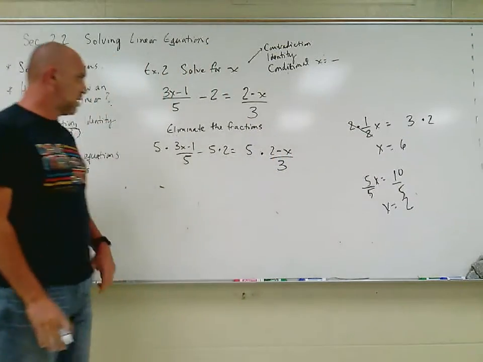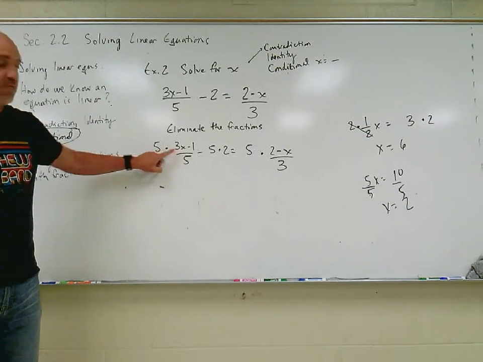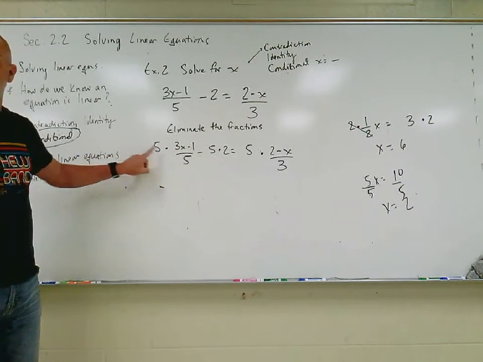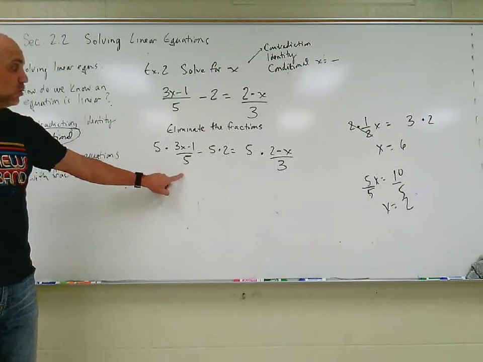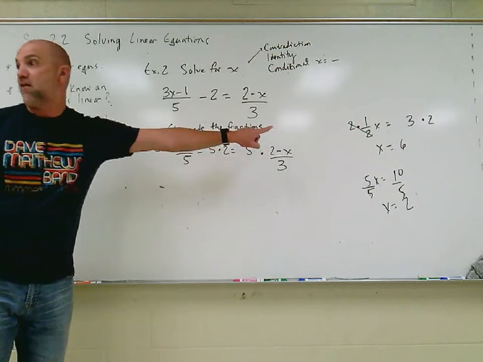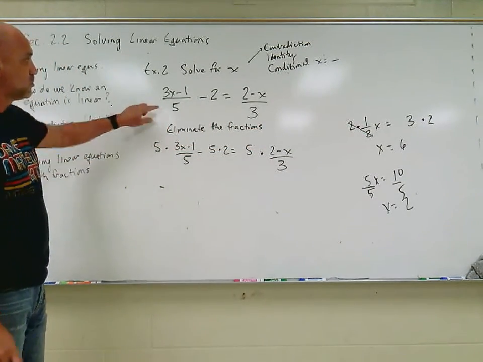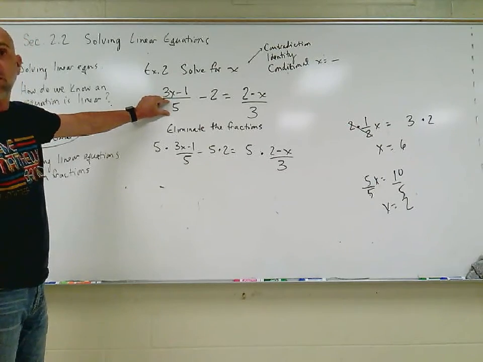All right, so do that. Now, on the first one, don't multiply the top by 5. I'm doing this on purpose, so these two 5s cancel. Now here you have to do 5 times 2, and here you have to multiply the top by 5. Go ahead and get that done. So the first thing I did was I multiplied by 5 because I saw 5 was one of the denominators.